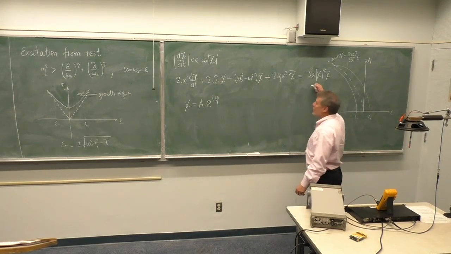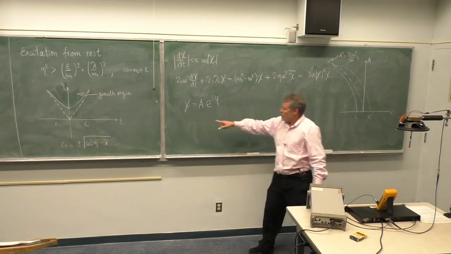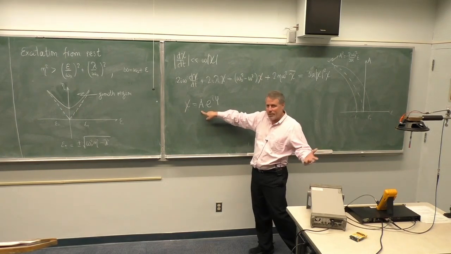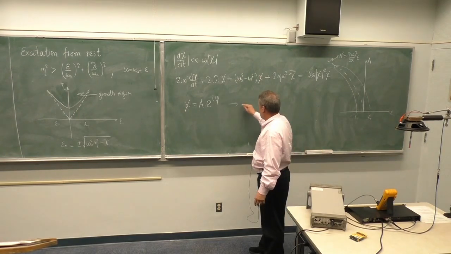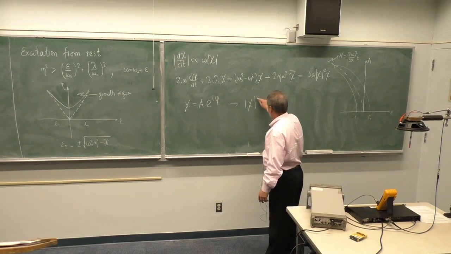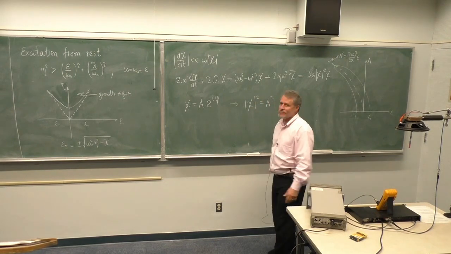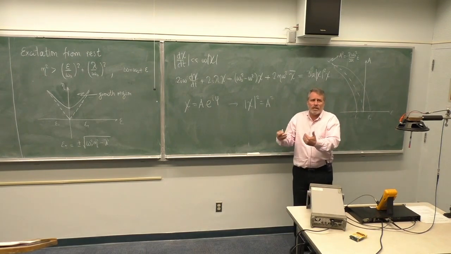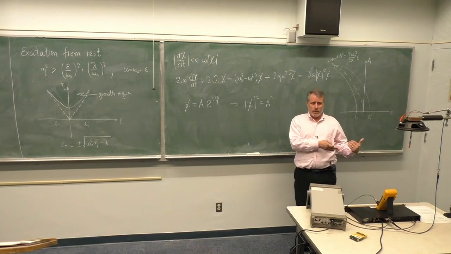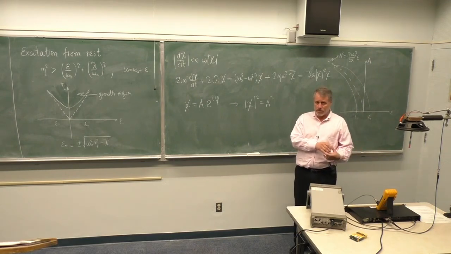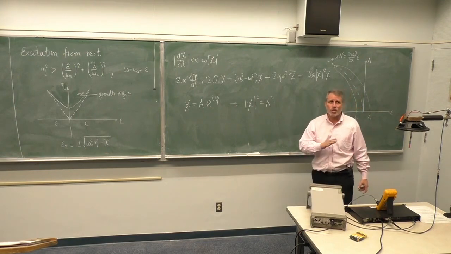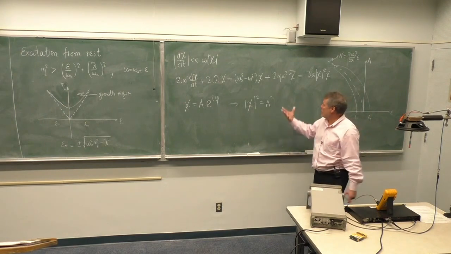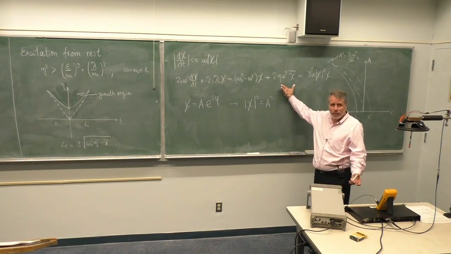Notice that the nonlinear term is very easy to deal with because the modulus square of χ is simply a squared, and χ is a e^{iφ}. So we take on the same program that we did for the linear case, for the excitation from rest. The nonlinear term poses no difficulty whatsoever. The only real complication comes from here, but we have dealt with that yesterday.